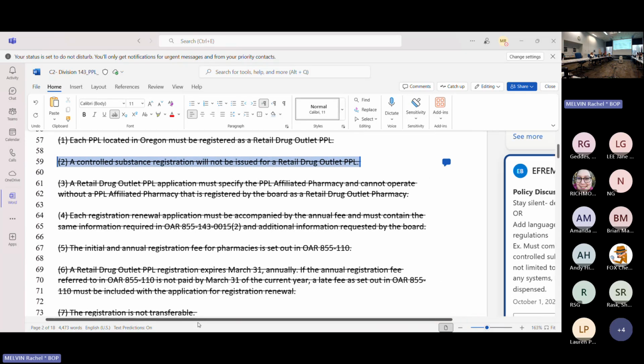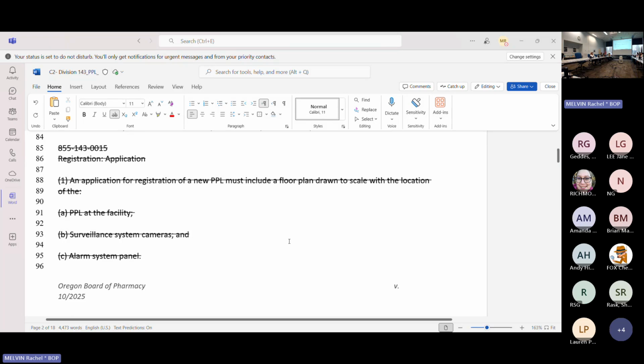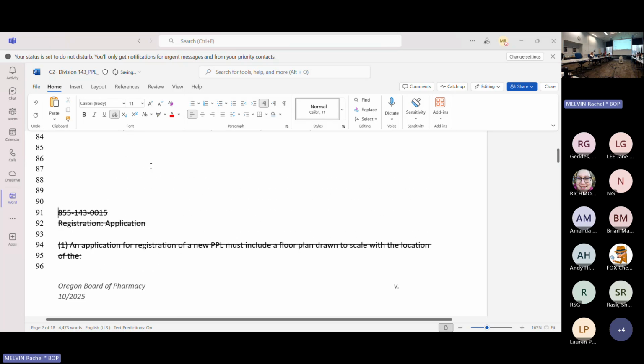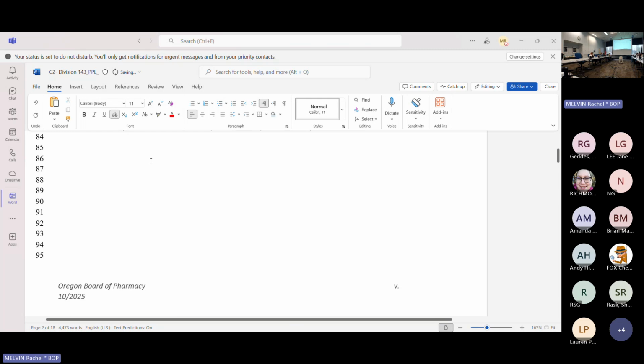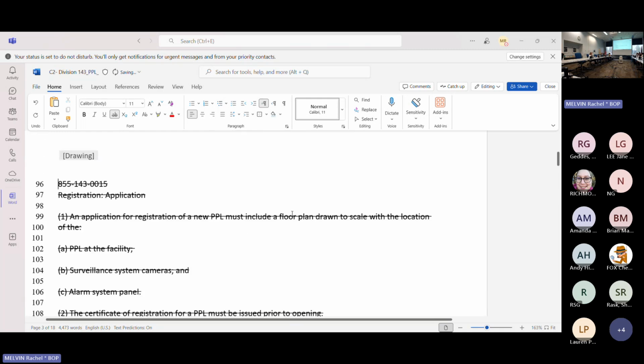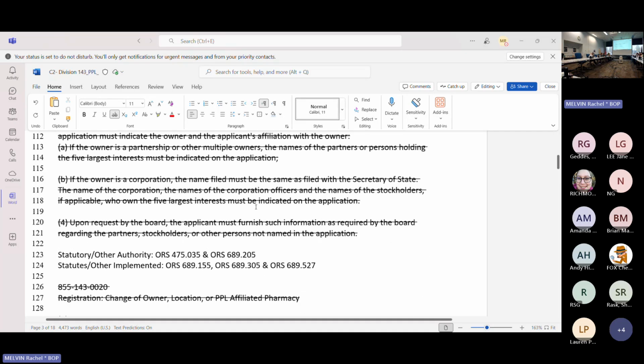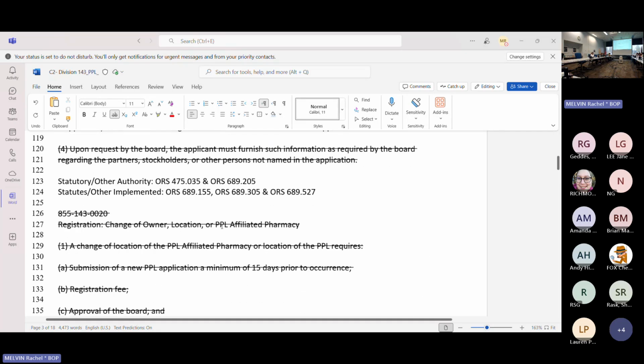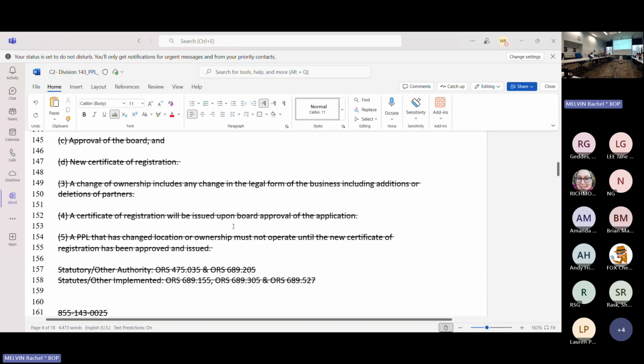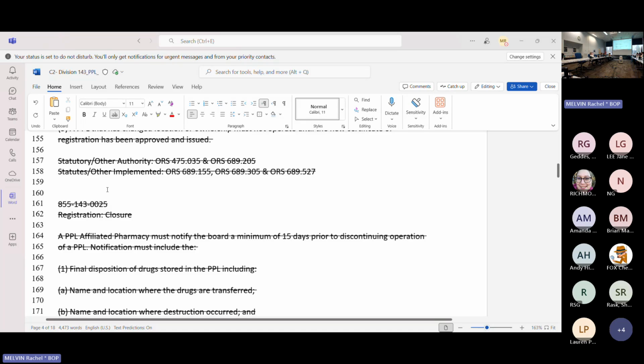So moving on to registration application, 855-143-0015. This is a fun part. There are three whole sections that are proposed to be struck: 143-0015 application, 143-0020 change of owner, change of owner, location, or PPL pharmacy, and 143-0025 closure.